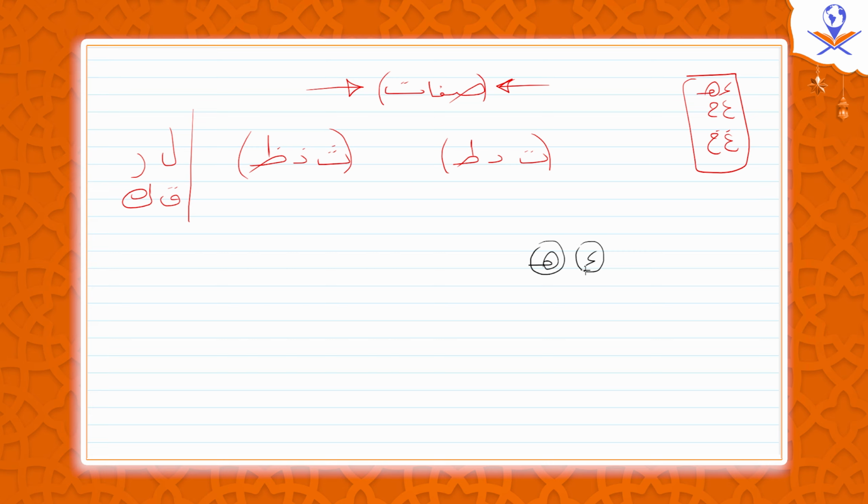Why? What makes them different? The characteristics of each letter. So that's why it's very important to study the characteristics of the letters. That will teach you how to pronounce each letter correctly, as it should be.